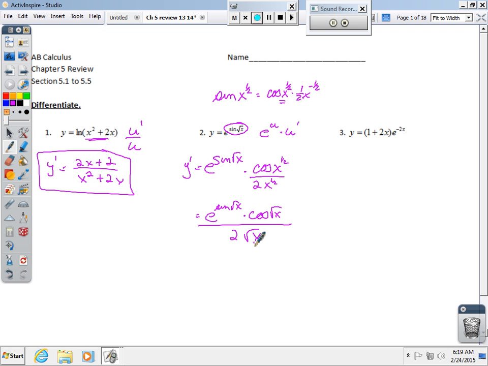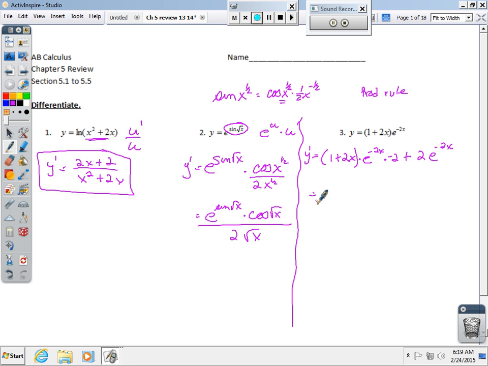Okay, the third one, this is a product rule. Let me get some space here. Hopefully I have enough space. Alright, so the derivative is going to be the first times the derivative of the second, and that's an e to the u times u prime, plus the derivative of the first, which is going to be a 2 e to the negative 2x.